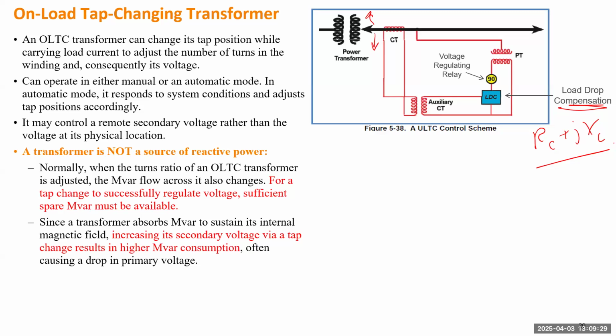So when you increase the tap position up, the Q going to the secondary side should also go up, but the condition is the primary side needs to have enough Q. But if the primary side is very weak and this Q doesn't necessarily go up, it's a very large drawback for using a tap changing transformer in voltage stability control.